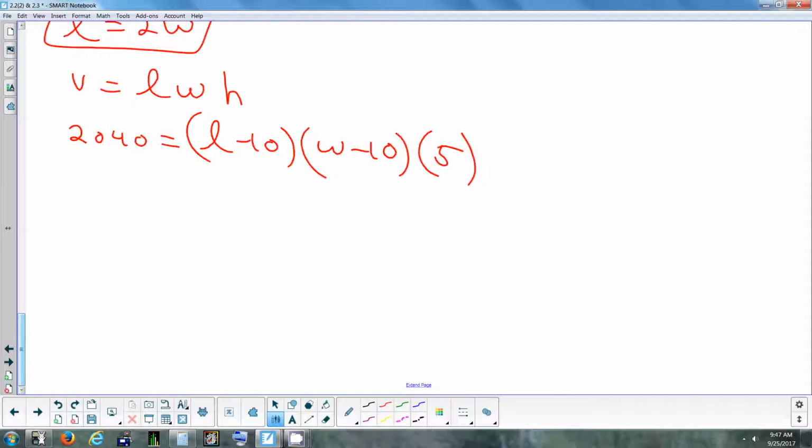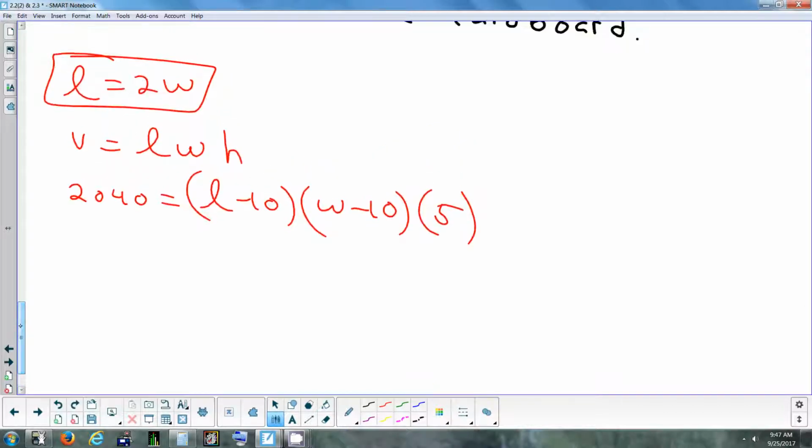Now, in order to solve this, I need to have all the same variable. So what could I substitute in for L? Yeah, you could put 2W instead of L. So let's take L and plug in 2W. So 2W minus 10, W minus 10, and 5.